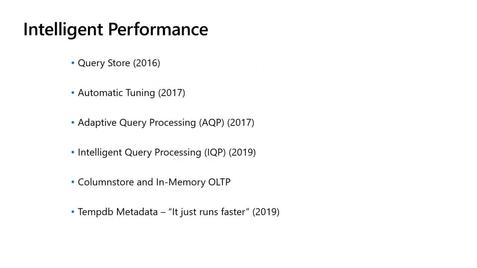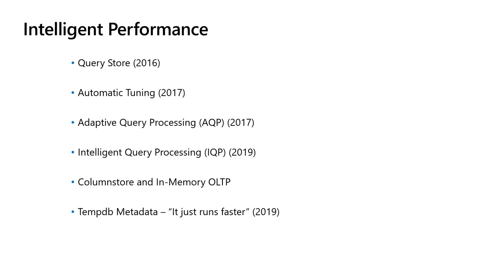So when we talk specifically about performance, we're going to be focusing on these ones that are starting in the modern versions of SQL Server. Query Store, as we mentioned, introduced in SQL Server 2016. Automatic query tuning in 2017 that runs on top of Query Store. We're going to be covering each of these options in depth.